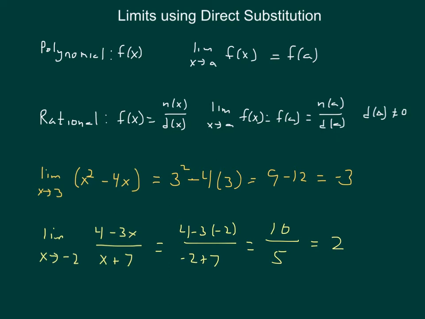So in this case, the limit as x approaches negative 2 of this rational function will equal 2. Remember, 4 minus 3 times negative 2 is going to make it a plus 6. So that's 4 plus 6, that's where we get the 10. And negative 2 plus 7 is where we get the 5.